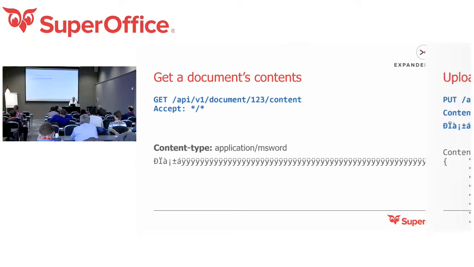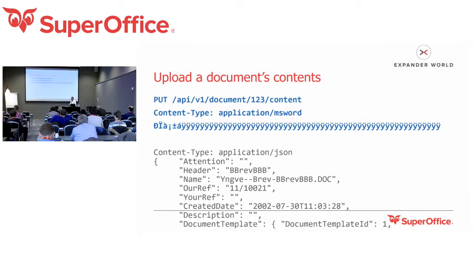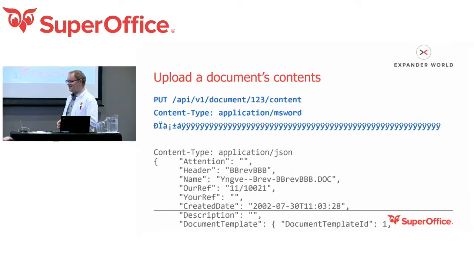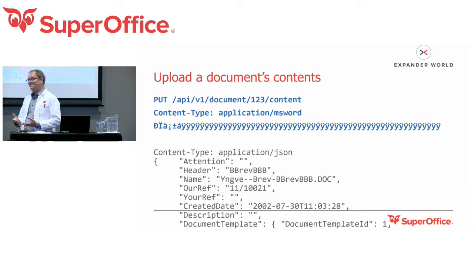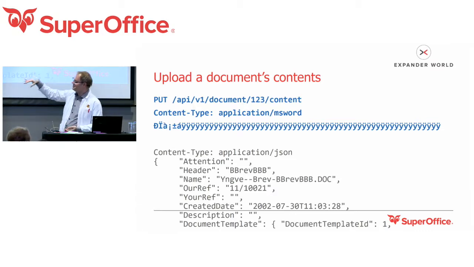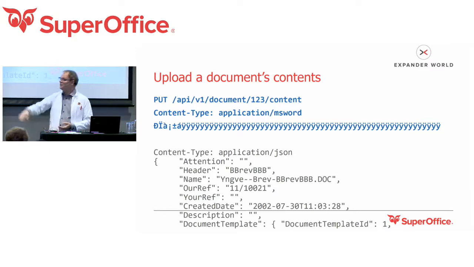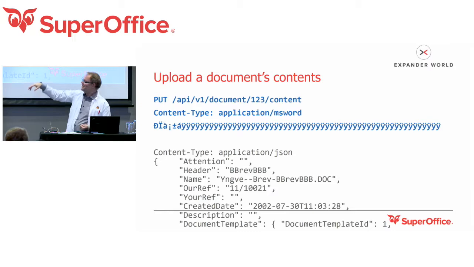So, of course, how do we change that? If I have a new document, how can I change it? Well, I do put. So I put back to the content, and here's my new document content, and it sends back not the same document, but the entity.